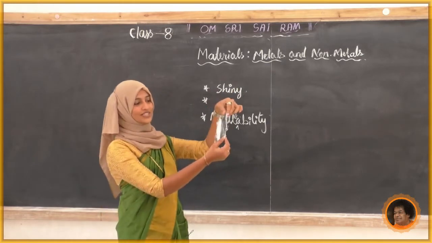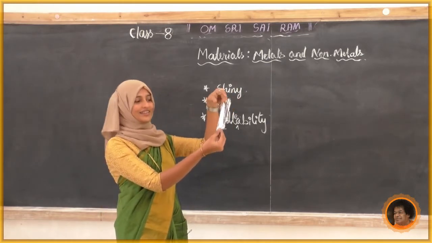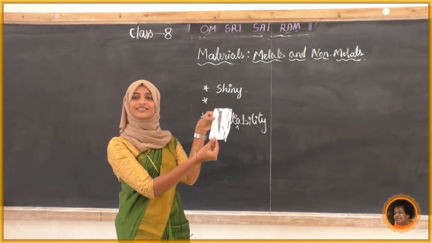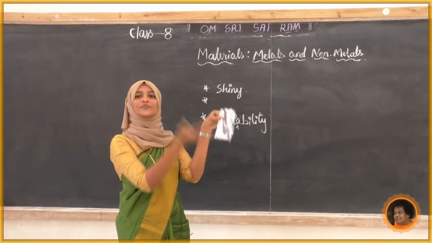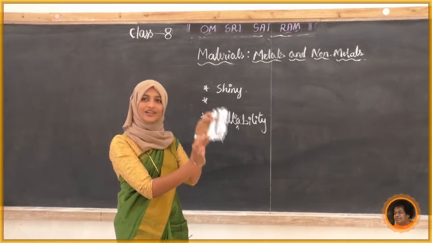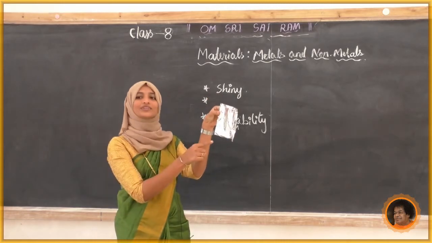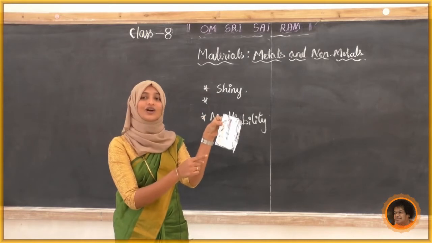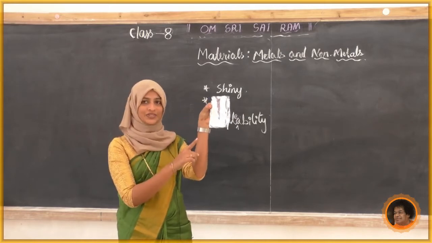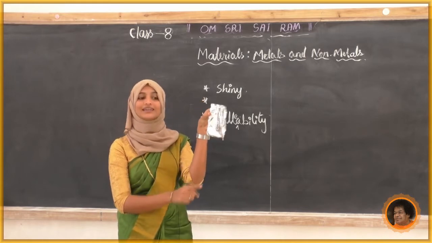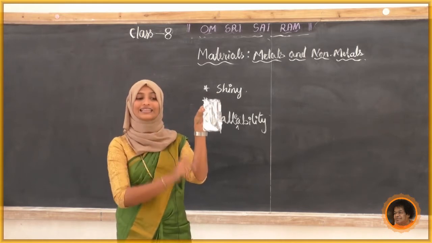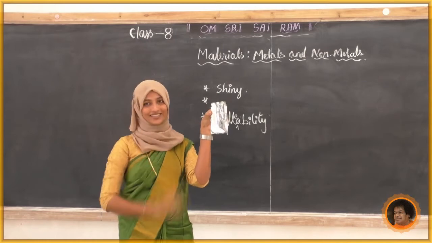Just observe, students, how they give this shape. Actually this is the metal aluminium, and they change its shape into a sheet. This property is called the malleability of aluminium. So, come to know what malleability is? The property of metals by which they can be beaten into thin sheets.